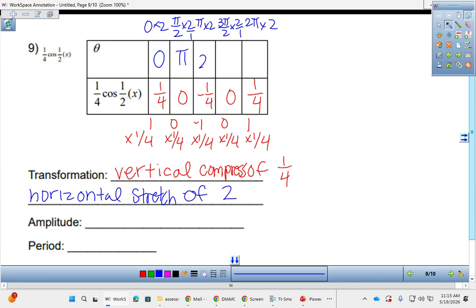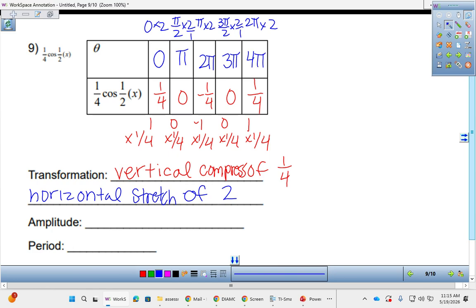Pi times 2 is 2 pi, so if you're observant, you can figure out what the next value is without looking. It's 0, 1 pi, 2 pi, the next one's going to be 3 pi, and the next one's going to be 4 pi. But if that doesn't make sense to you, then do the math. 3 times 2 is 6 pi over 2. Well, 6 divided by 2 is 3, so that's 3 pi. And 2 times 2 is 4 pi.